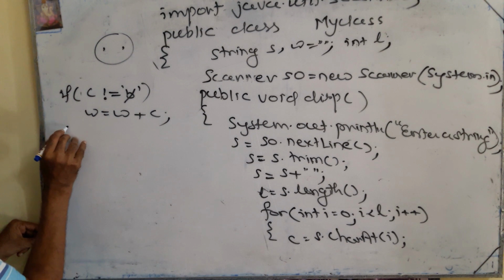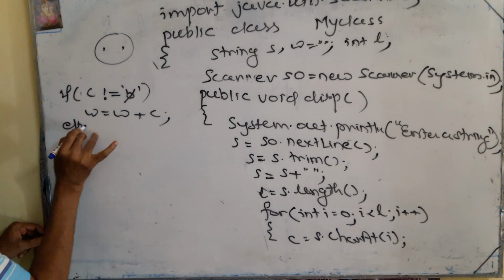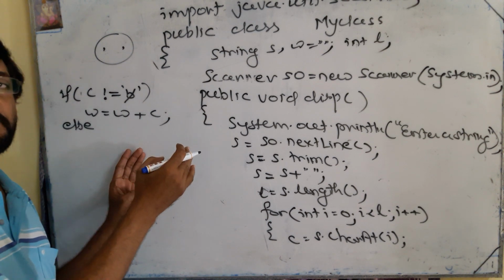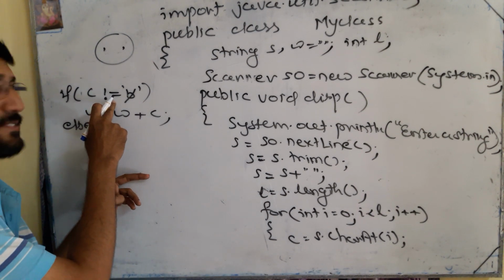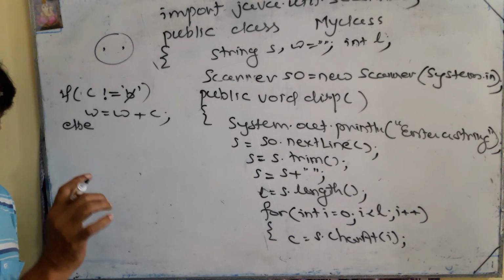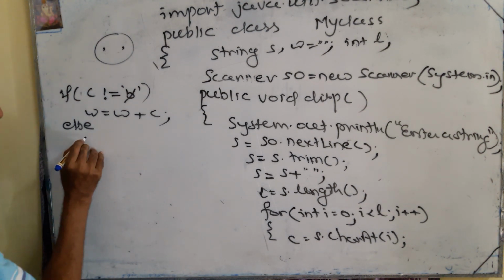Else, that means after getting the space character, this condition becomes false and you will come to the else part. Here you have to print the variable w using the println function.